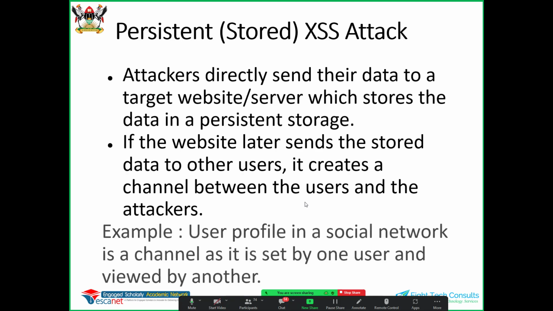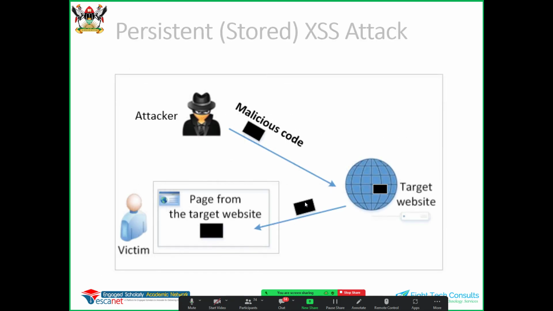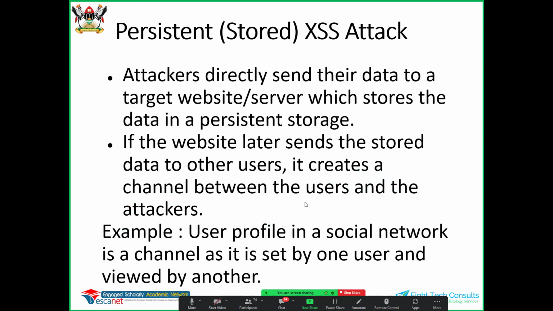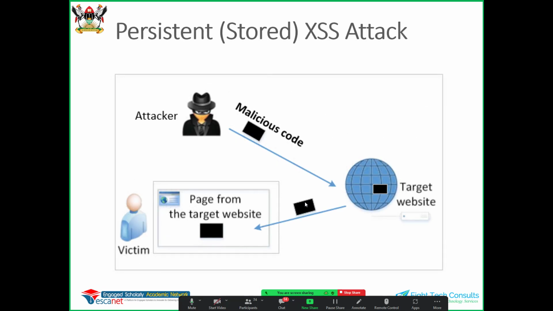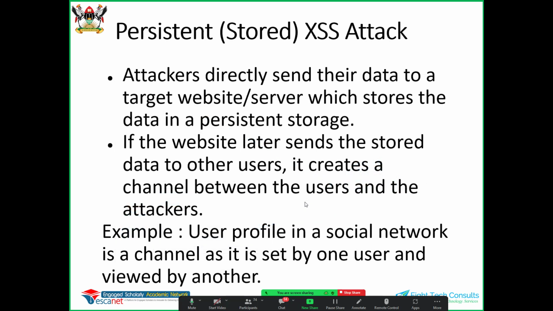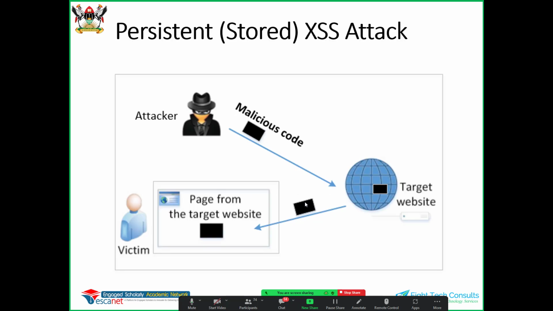So the person, instead of targeting the link, just targets the website, I mean the server. If the website later sends the stored data to other users, it creates a channel between, I've already explained this, between the user and the attacker.